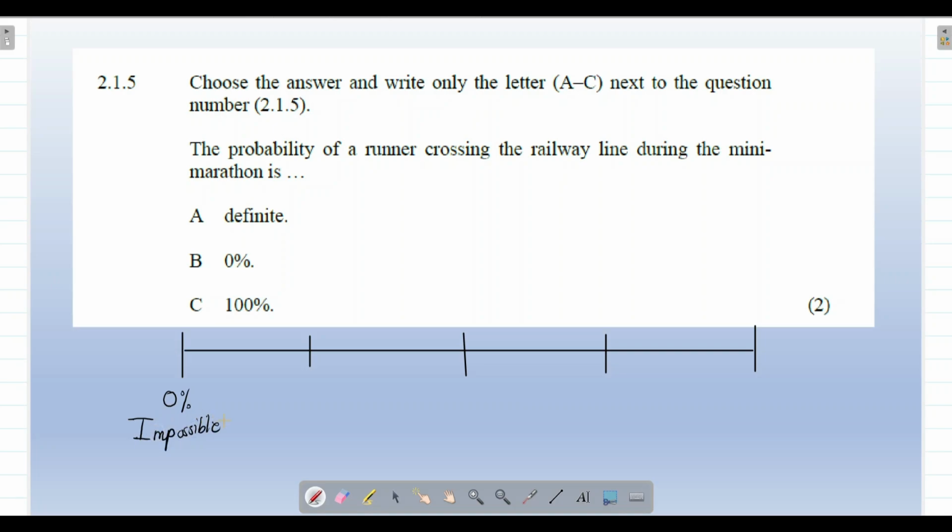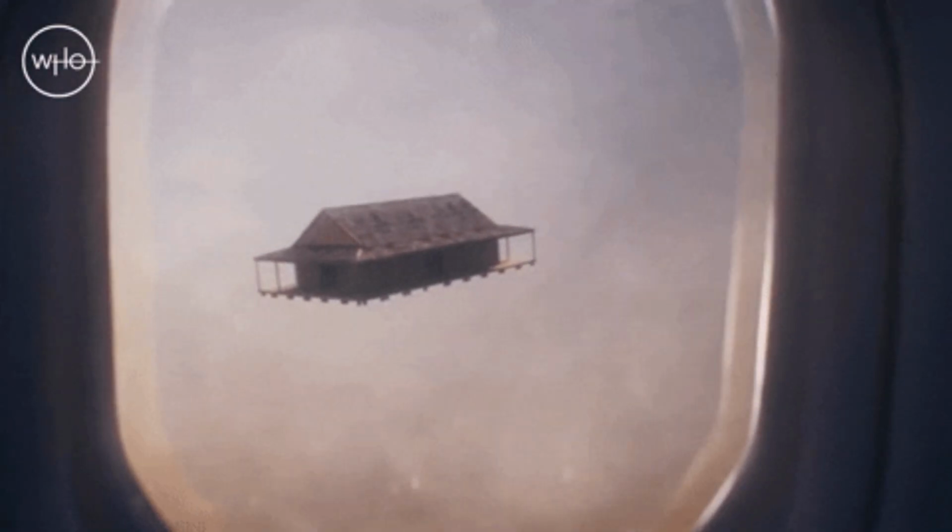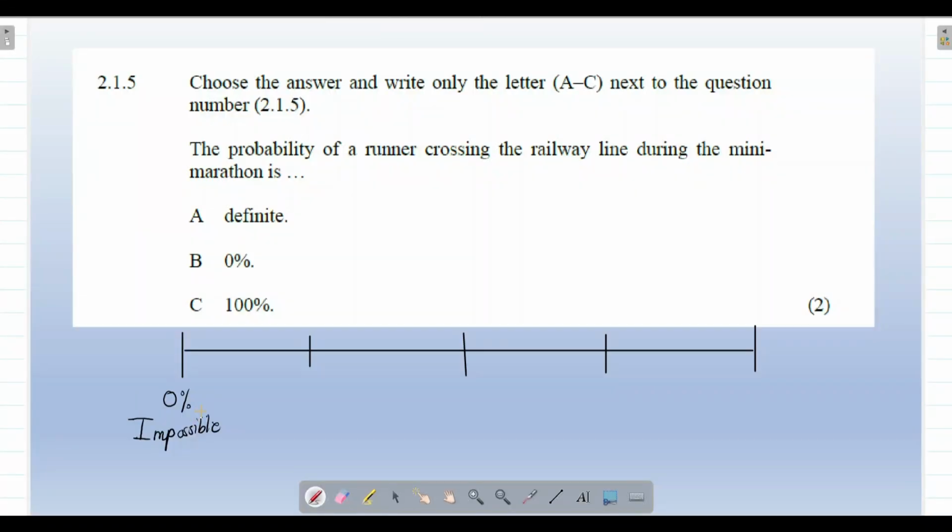For example, what is the probability of seeing a house fly? We know it's impossible, so we can just say 0%. On the probability scale, if we get a probability of something happening like 25%, then we know that the probability of that event happening is a poor chance. If we get the probability of something happening, for example flipping a coin, we know that the probability of getting a head or a tail when we flip a coin is a fair chance. Okay, so it's 50%.